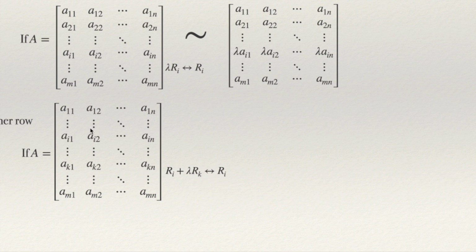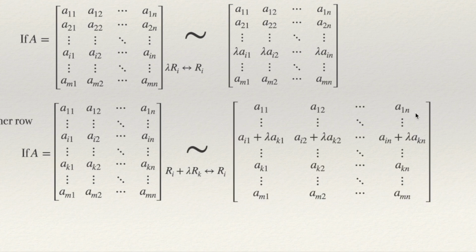It means that this row, that is row i, will be substituted; instead of this, the same row plus lambda times row k will appear. So the answer will be a matrix that has the same rows, except that row i will be substituted by the same row i plus lambda times the elements in row k.